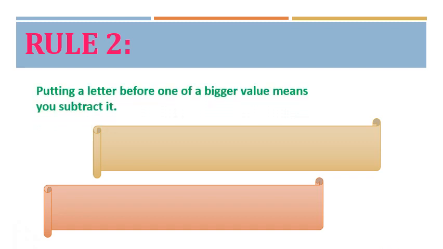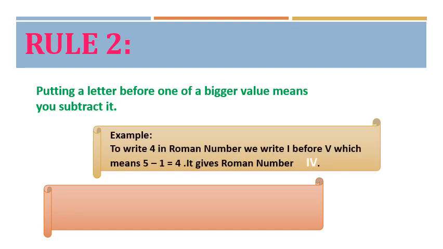Rule 2. Putting a letter before one of a bigger value means you subtract it. Let's see an example. To write 4 in Roman numbers, we will write I before V, which means 5 minus 1 is equal to 4. And we get the Roman number IV.